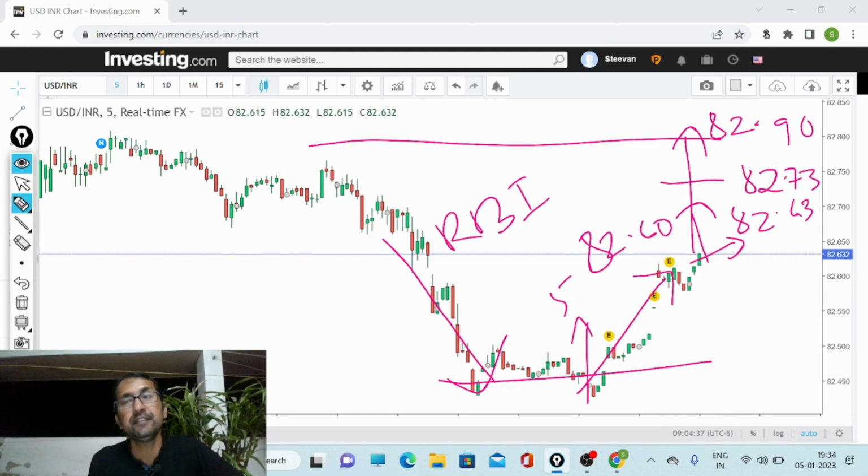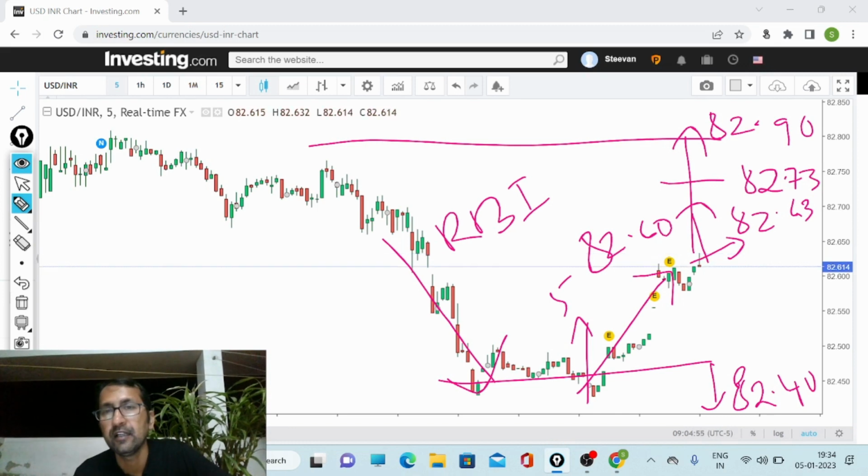But if it sustains below 82.6, please do not trade below 82.6. If it goes below 82.5, then you can see levels of 82.40, and 82.40 is a very important level. If it falls below that, you can see levels of 82.2 and a steep fall to even 82.